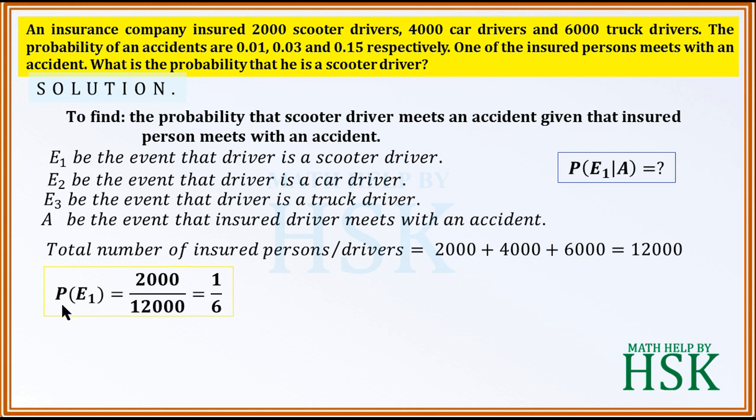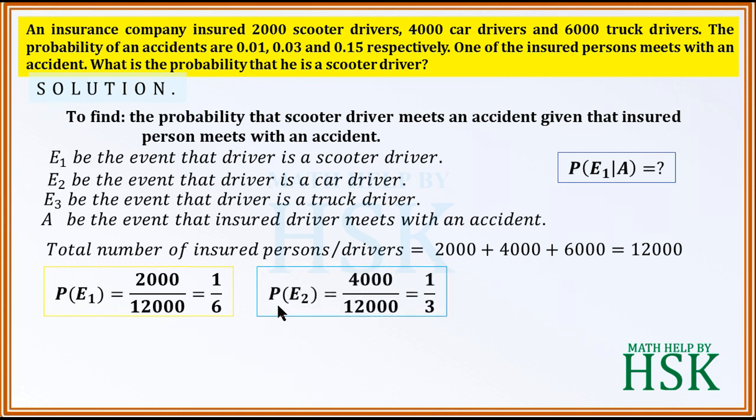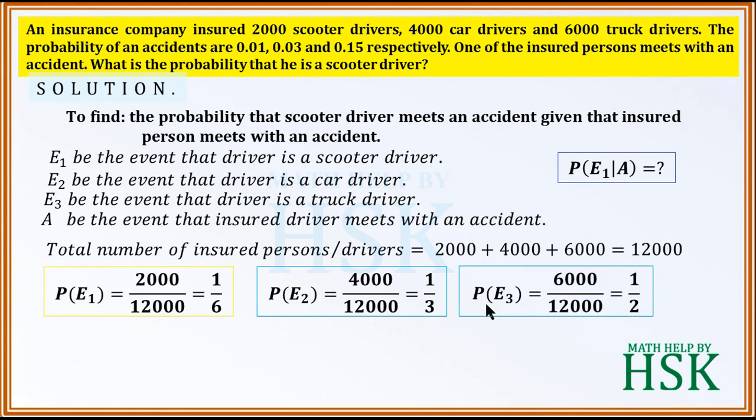If we select any driver at random, the probability that the person is a scooter driver, P(E1), is 2000 upon 12,000, which is 1 by 6. Similarly, P(E2), the probability that the selected driver is a car driver, is 4000 upon 12,000 or 1 by 3, and the probability that the selected person is a truck driver, P(E3), is 6000 upon 12,000 or 1 upon 2.